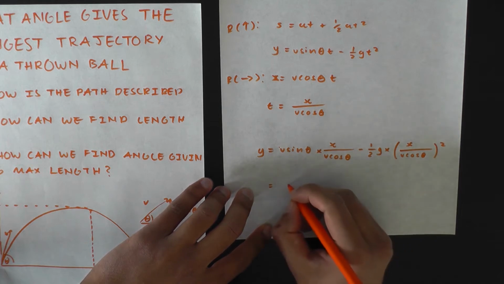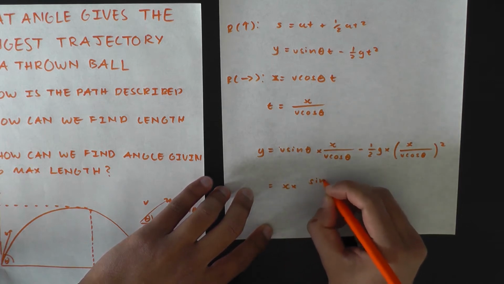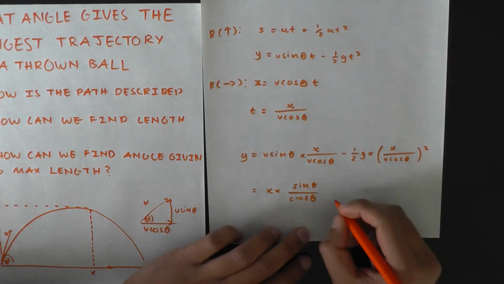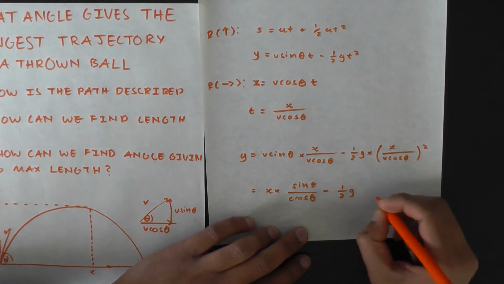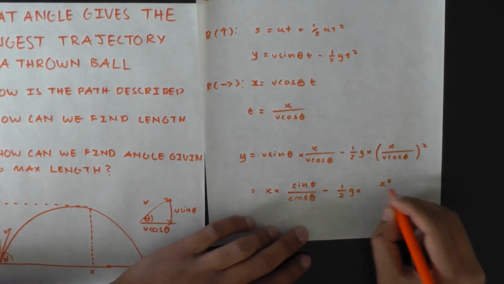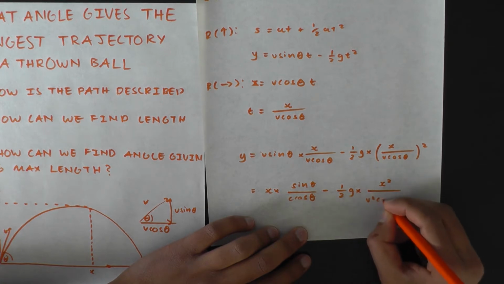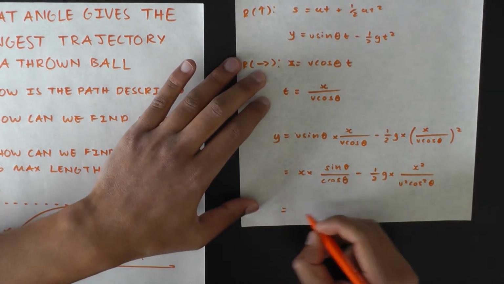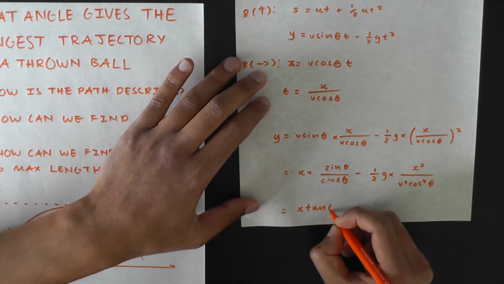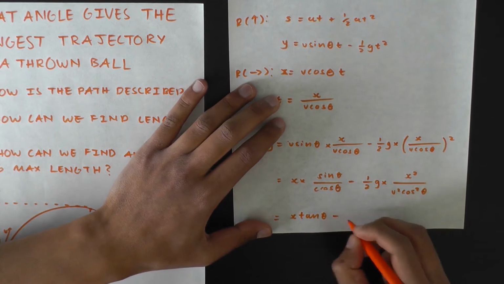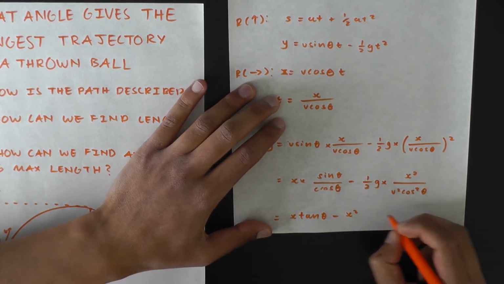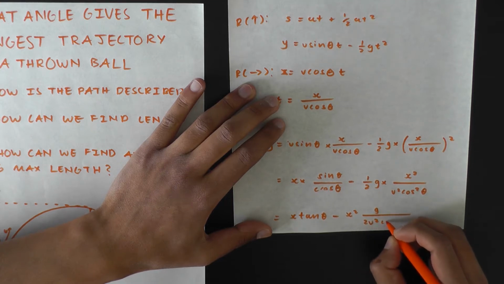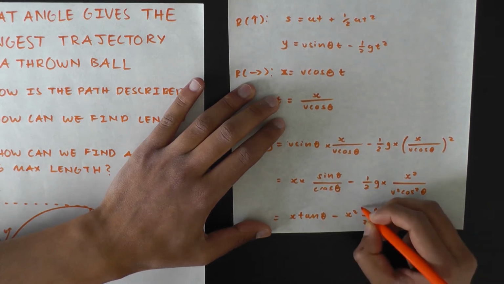We can make this x times sine theta over cos theta, minus half g times x squared over v squared cos squared theta, and that equals x tan theta minus x squared g over 2v squared cos squared theta.